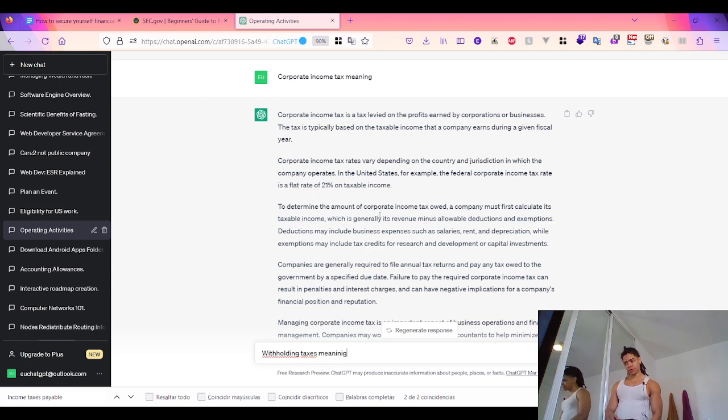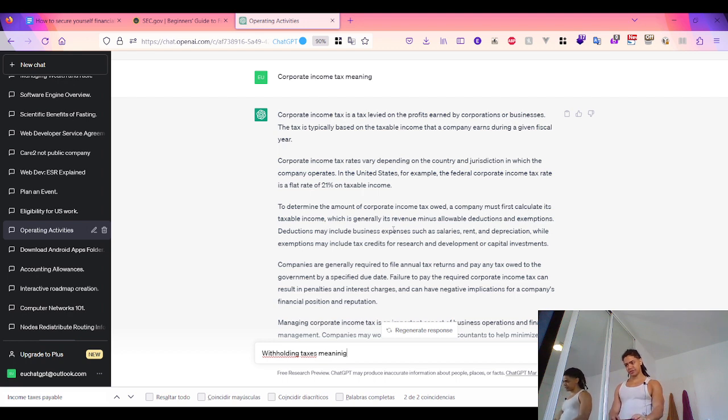To determine the amount of corporate income tax owed, a company must first calculate its taxable income, which is generally revenue minus allowable deductions and exceptions.